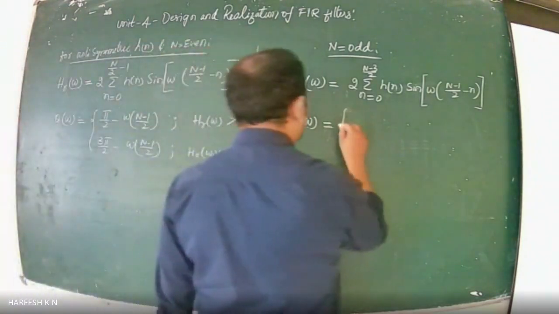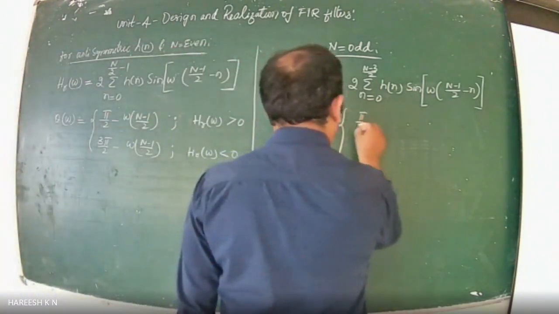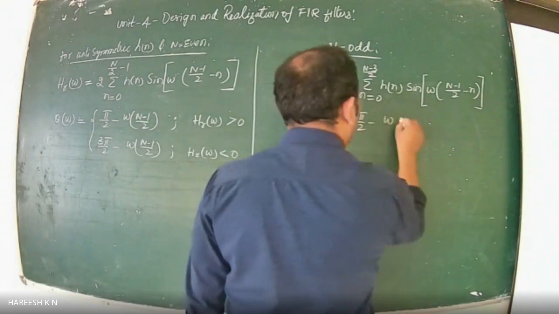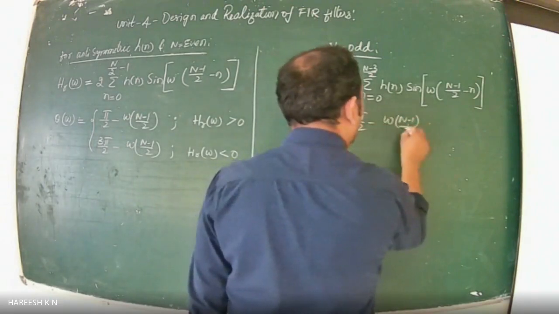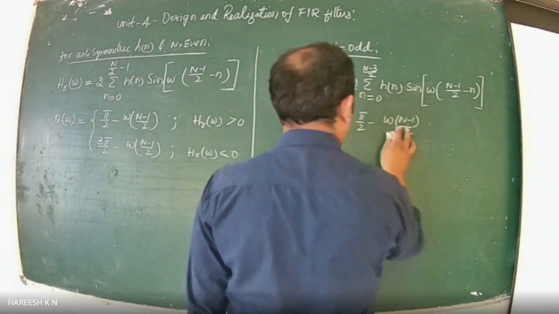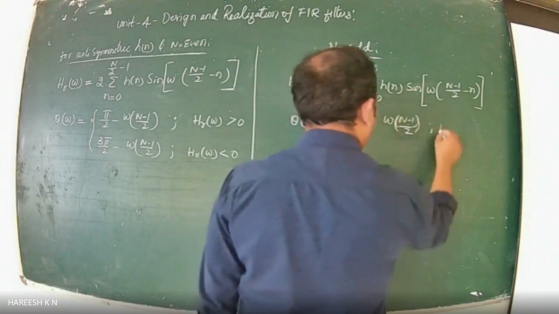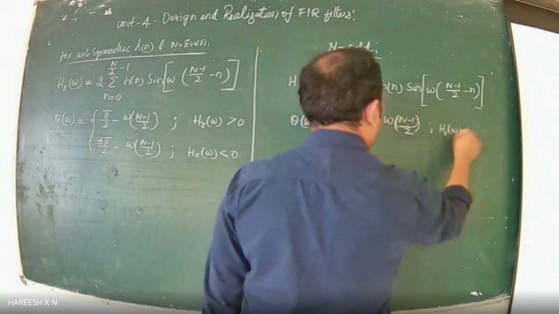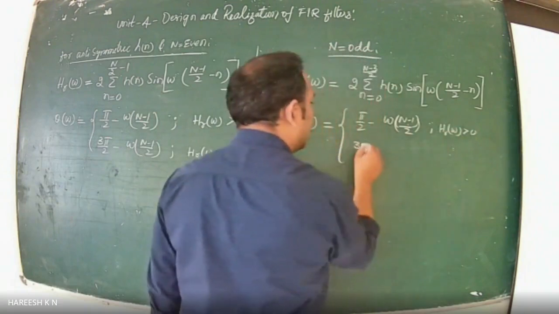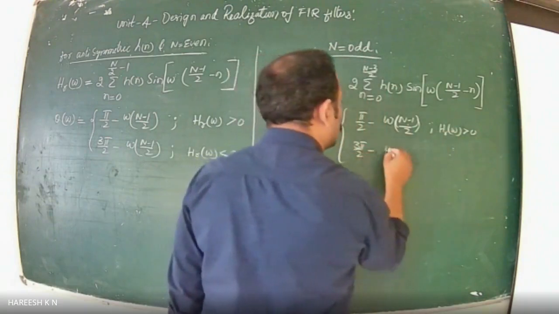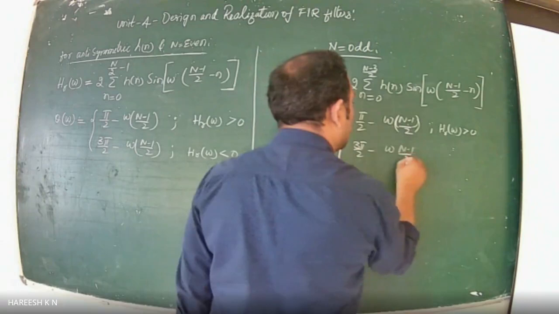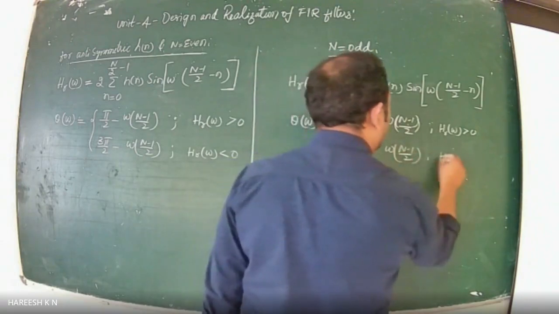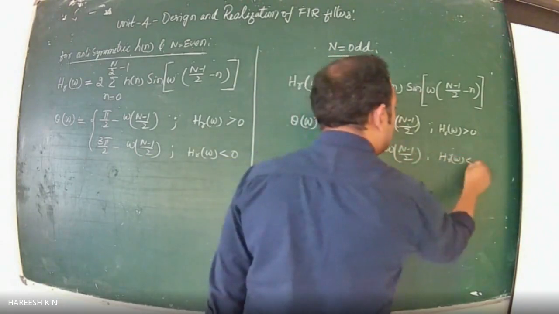Theta is equal to pi by 2 minus omega into (N minus 1) divided by 2 for HR of omega greater than 0, and 3 pi by 2 minus omega into (N minus 1) divided by 2 if HR of omega is less than 0.